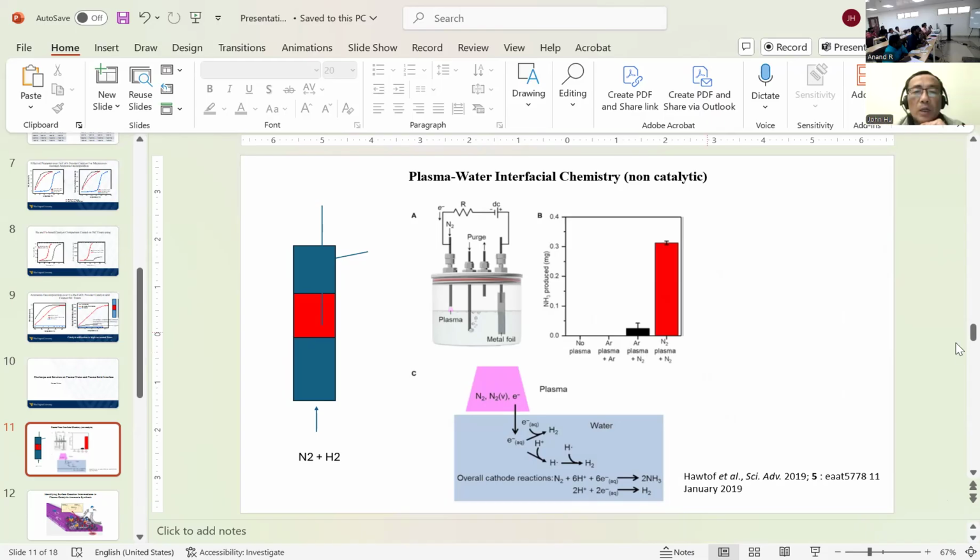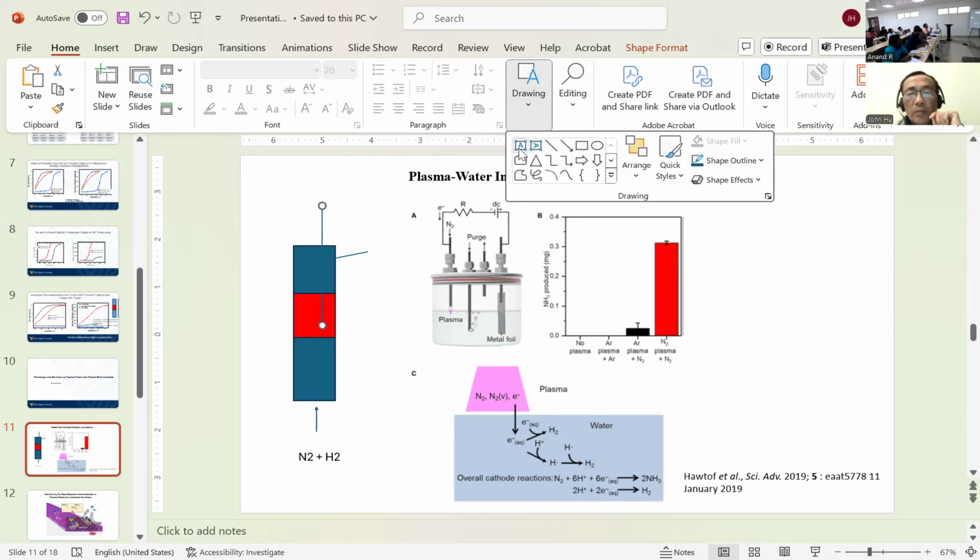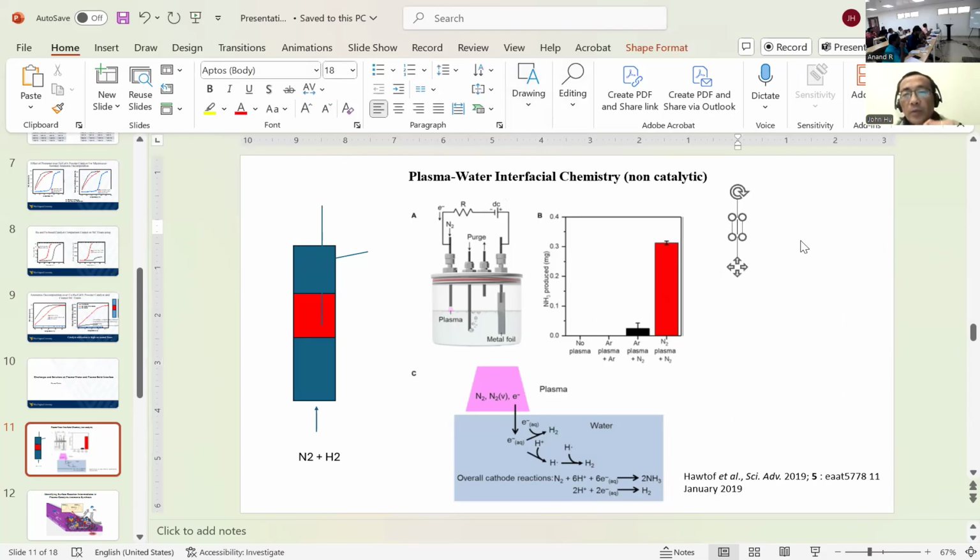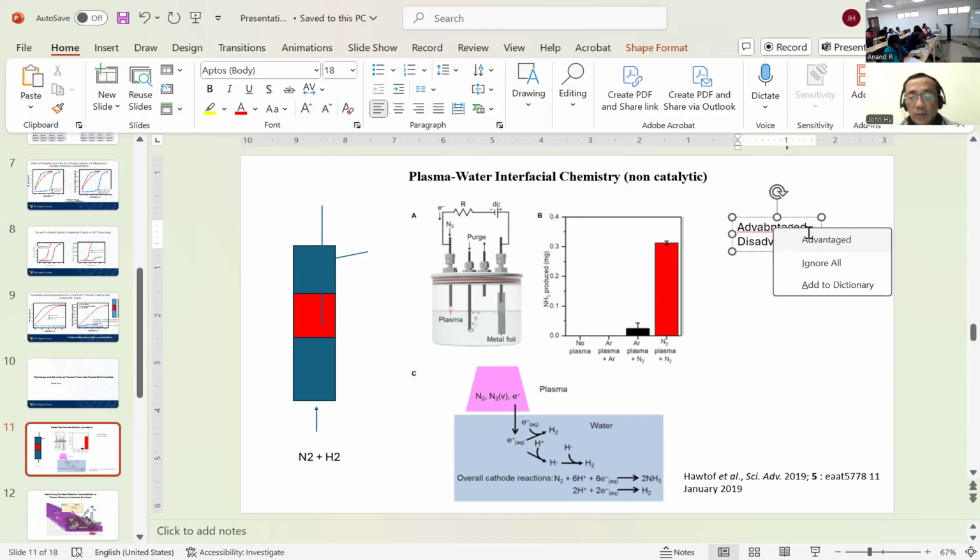Well, I'm going to start listing the pros and cons, advantage and disadvantage here. Since someone in the audience has experience working on the DBD, what's the advantage? On this setup, what's the advantage and the disadvantage?